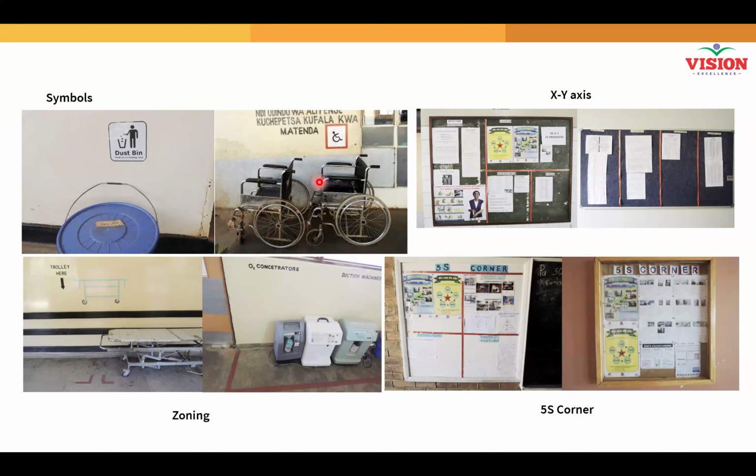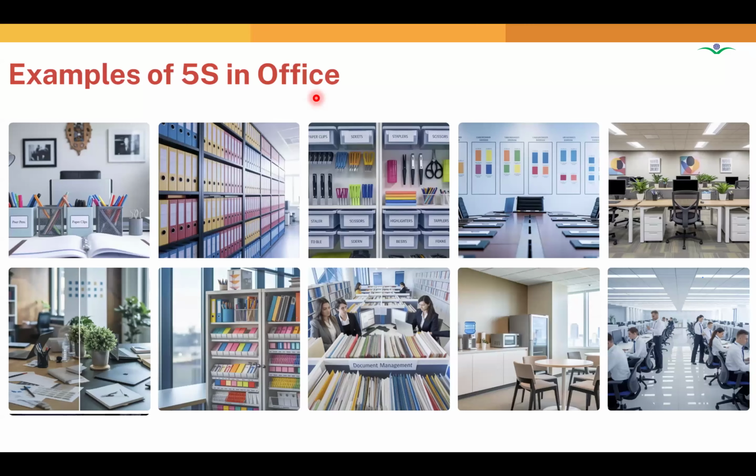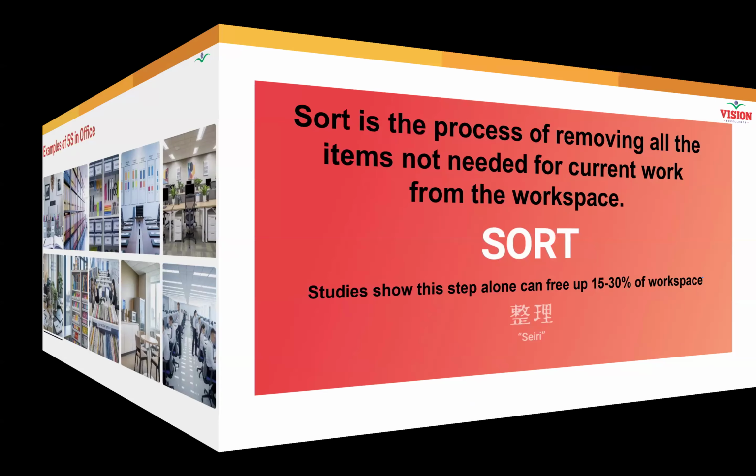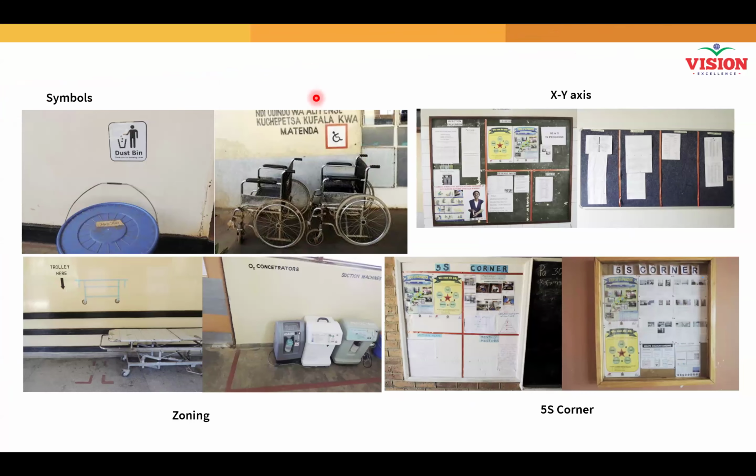And then the 5S corner, where we display all information related to 5S. So a few more pictures of the X and Y axis: you can show the before-after scenario horizontally or vertically. See here how it is done. Can you see everything presented in a vertical manner?